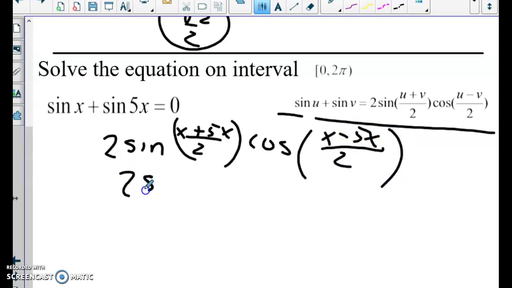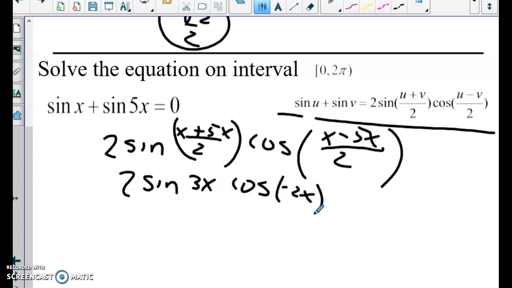If I simplify it, 6x divided by 2 is 3x, and cosine of negative 4x divided by 2 gives me cosine of negative 2x.